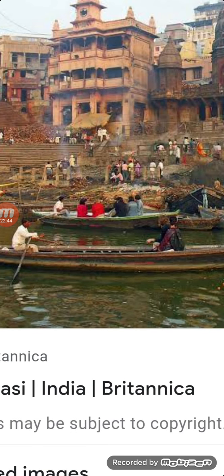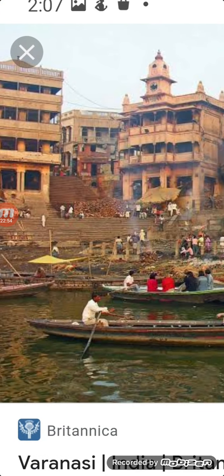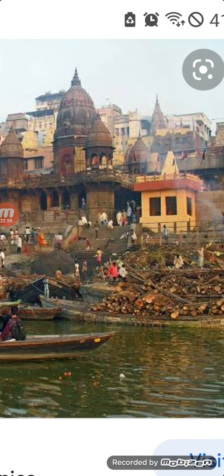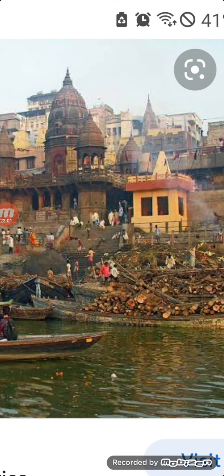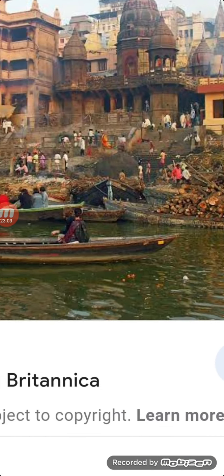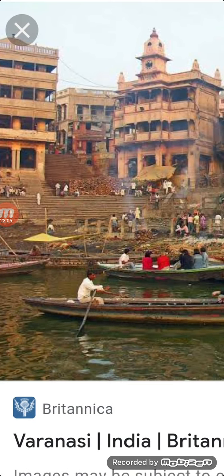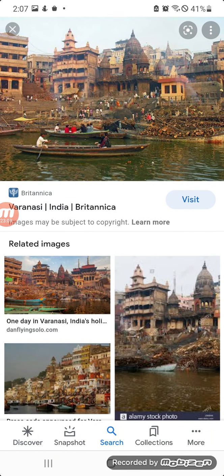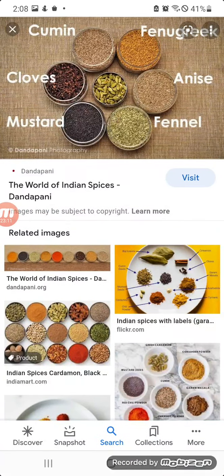It's a ritual in India that after an individual dies, the individual gets burned. But in Varanasi, people burn an individual after death on river banks, because they think it's holy. You see the people in this boat; it is called the Ganga River. I'll share more info in a further video.